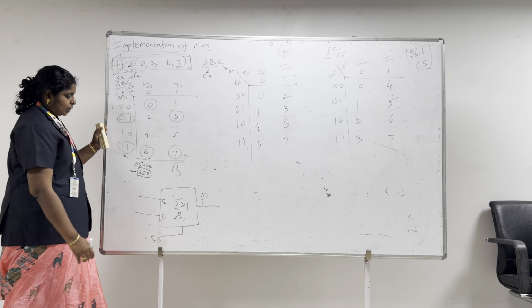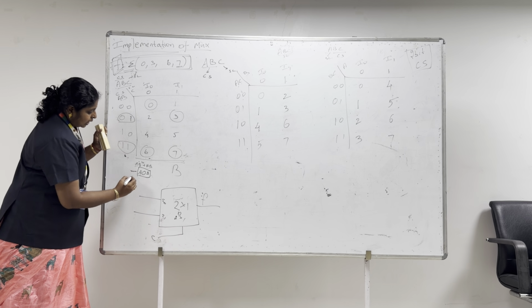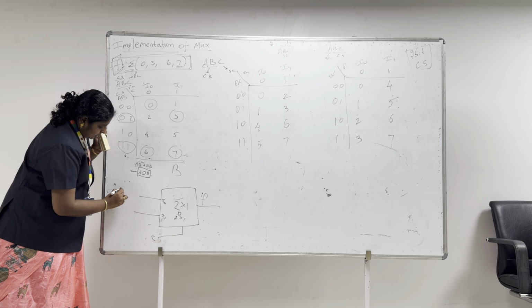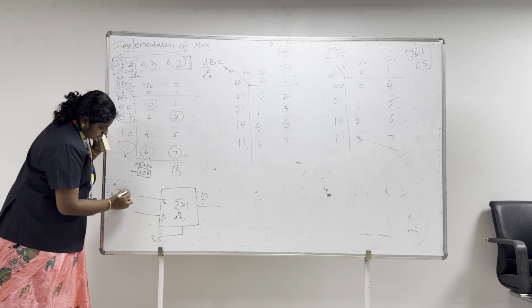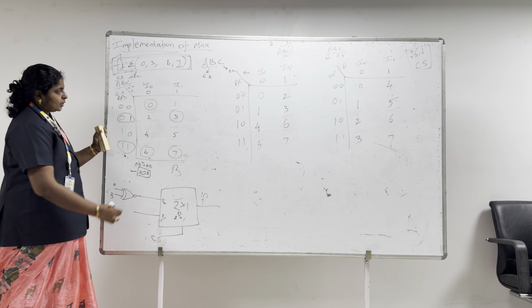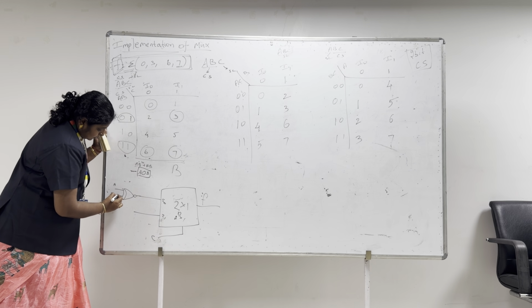So only C. Over here, I naught is given as A XNOR B. The XNOR symbol is this. This is my I naught, and I1 is B alone.